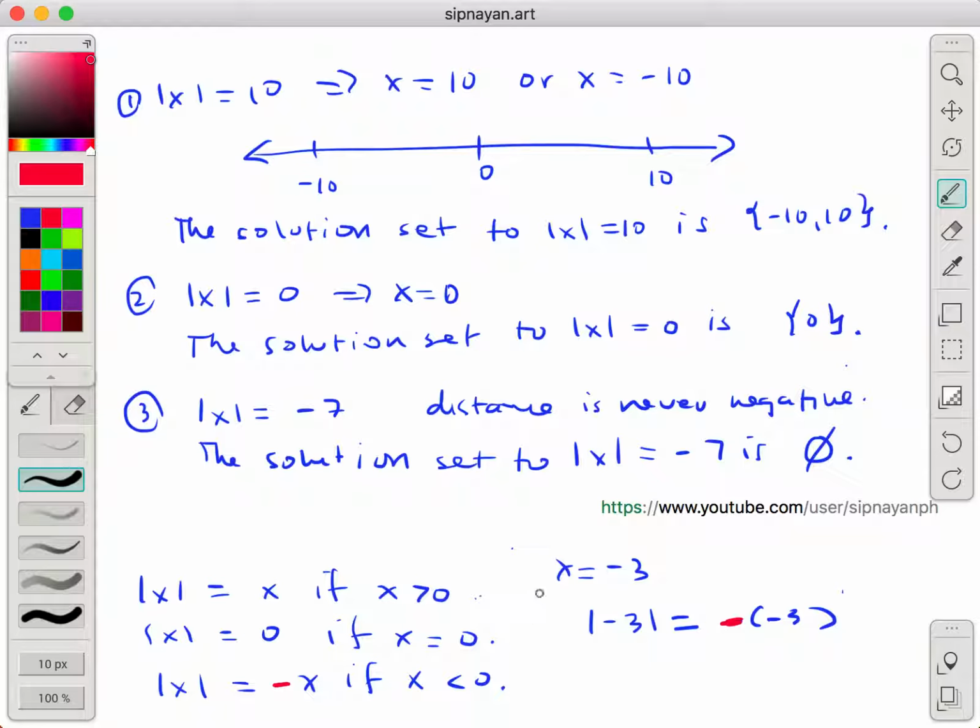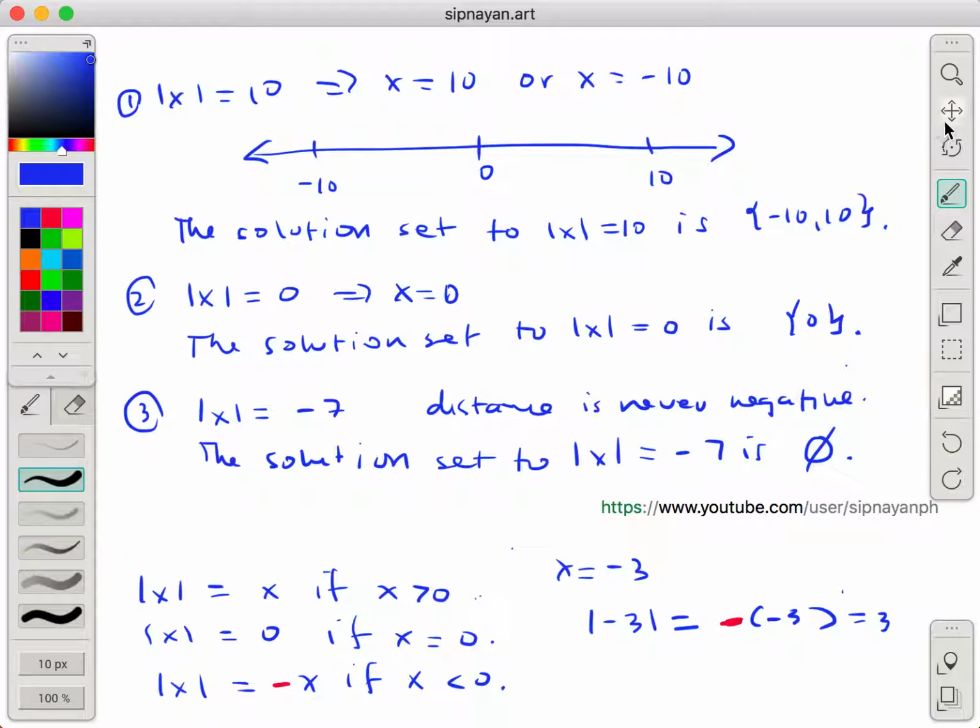Our x is negative 3. Pero, since less than 0 yung x natin, maglalagay siya ng negative sa labas. So, the negative of negative 3 is equal to positive 3. So ito actually yung definition ng absolute value.